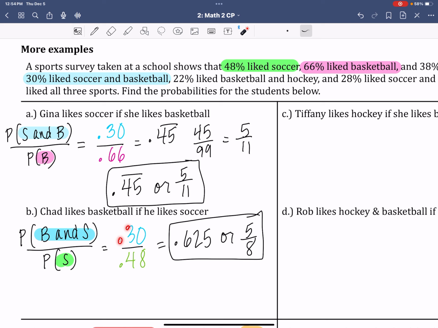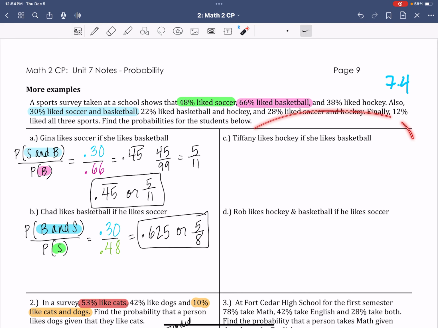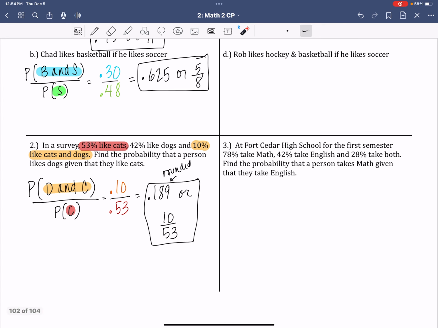The probability for both is 30%. The probability for just soccer is 48%, and now we're going to divide those out. You'll either get 0.625, or if you write that as a fraction, it simplifies to 5/8. So you're going to try these two based off of the information up here. And remember, you're going to get the intersection and divide out the part that's overlapping.